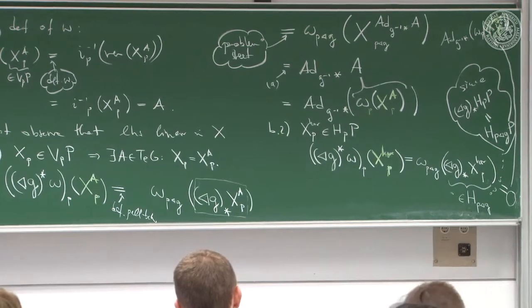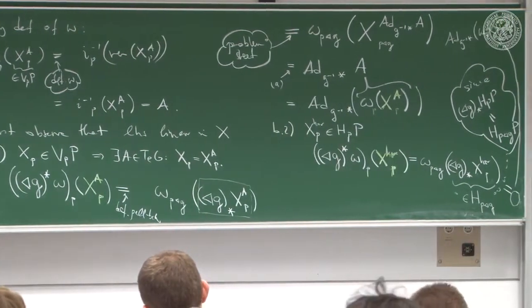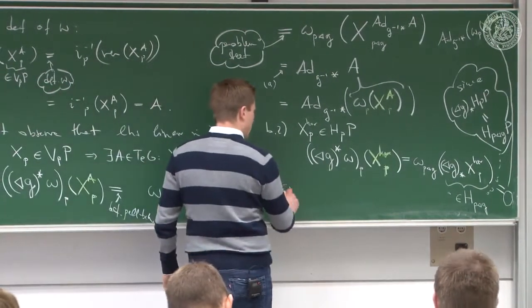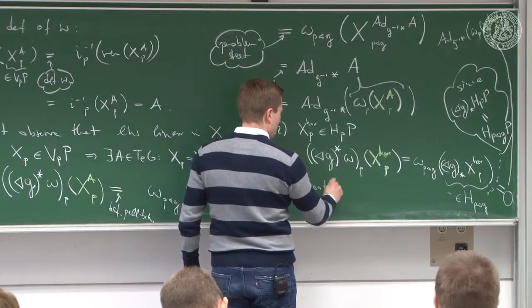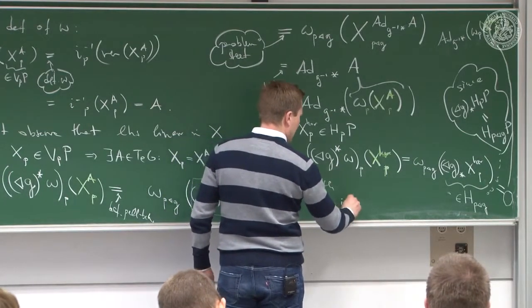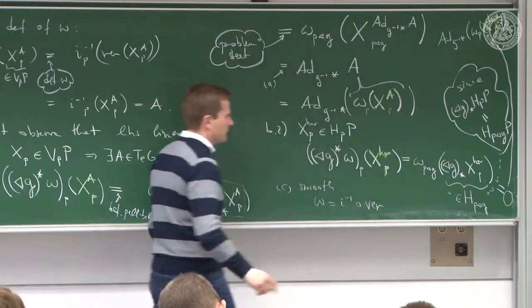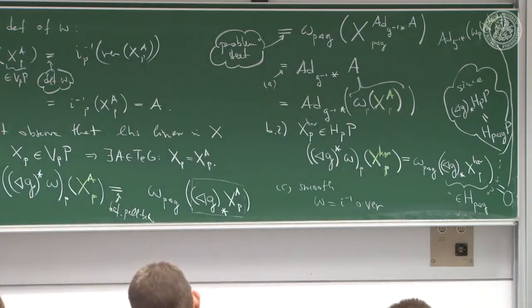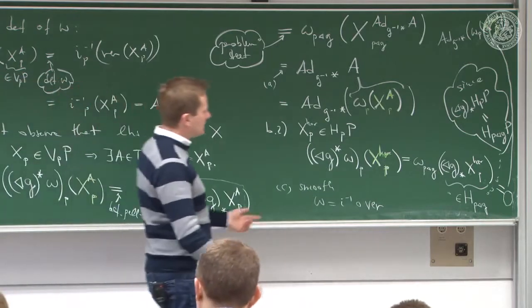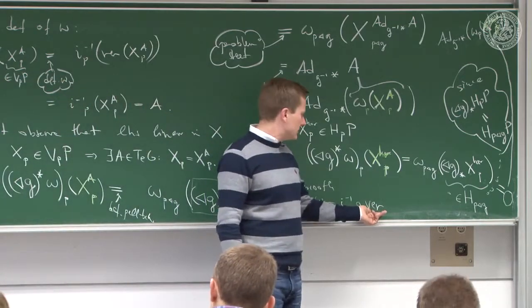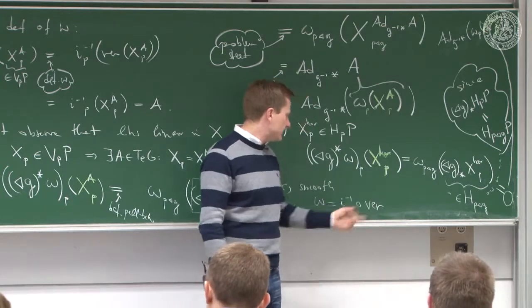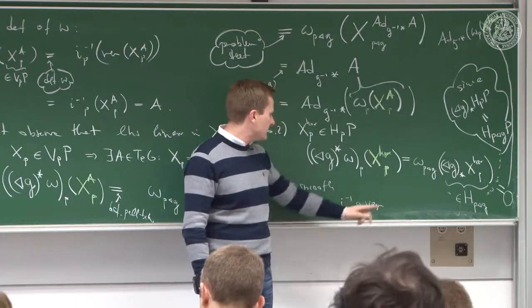Well, and now that omega is smooth, let's squeeze this in here. Omega is smooth because omega is I inverse after ver. That's how we defined it. Now, it was the requirement that ver yields a smooth vector field if it's applied to some smooth vector field.